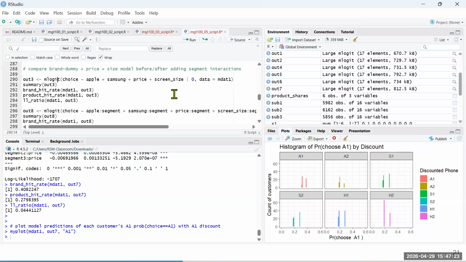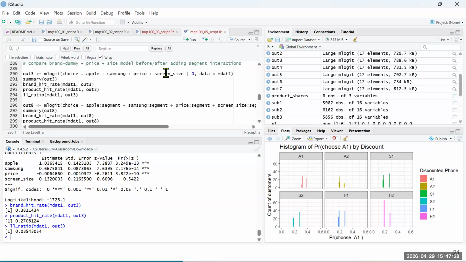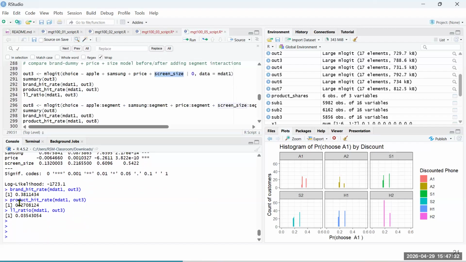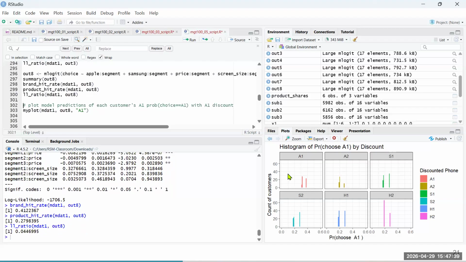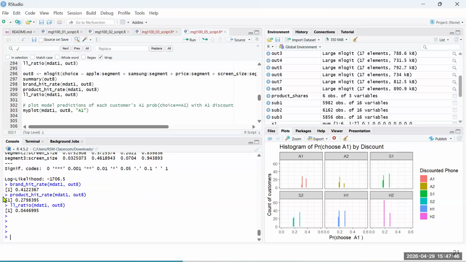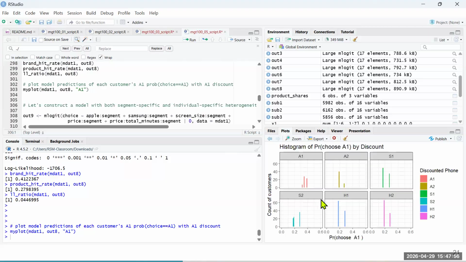All right, our previous series of homogeneous demand models next supplemented the model using screen size. And here we're getting our product hit rate up a little bit better, to 27.08. And then when we add that into our heterogeneous demand model, interacting it with segment, we're not improving very much over what we had before, which was similar to what we saw 2 weeks ago.